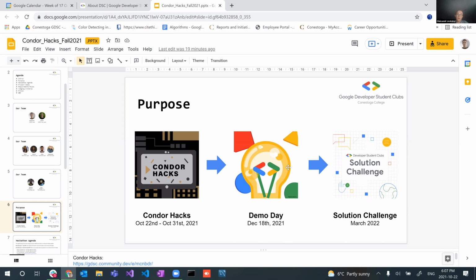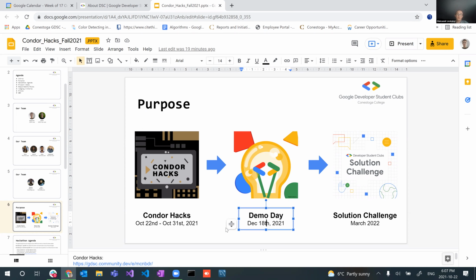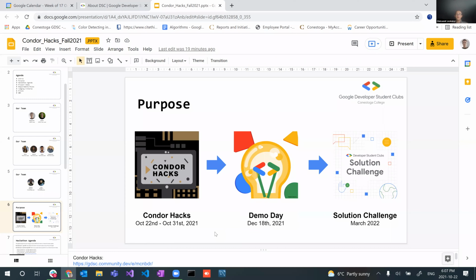Then we plan to host our demo day, a wider event similar to the hackathon, where you will present the project you worked on during this semester. You could start your project in September, on the 7th or whatever, and be able to demo it to us and win some prizes.